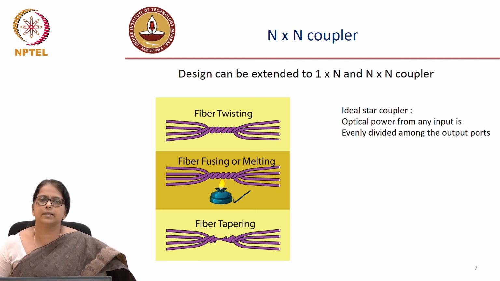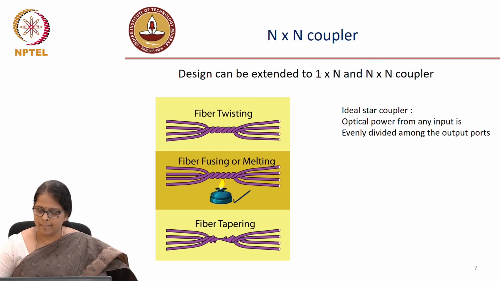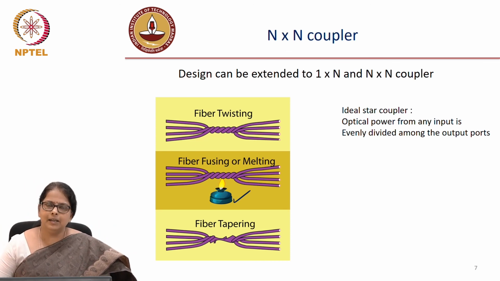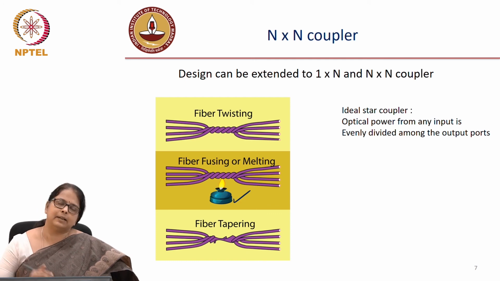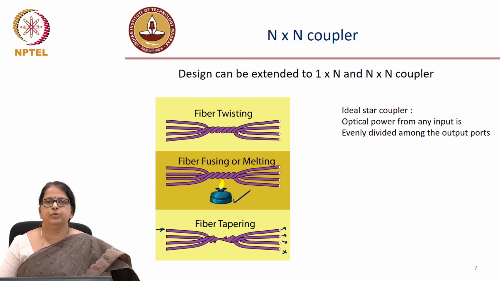This is also called a star coupler because you have n input ports and n output ports. The power from any input in a star coupler is divided among all the output ports. So you send in a certain power here, it gets divided equally into all the output ports.